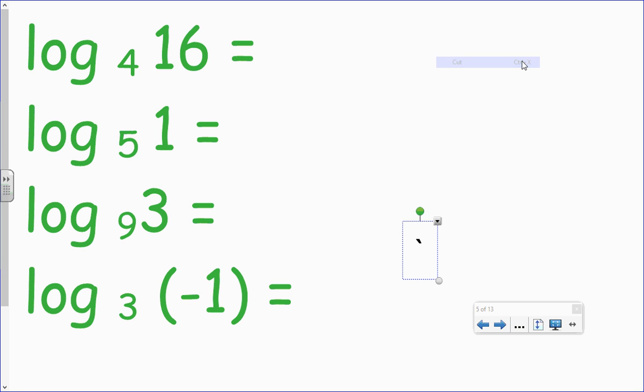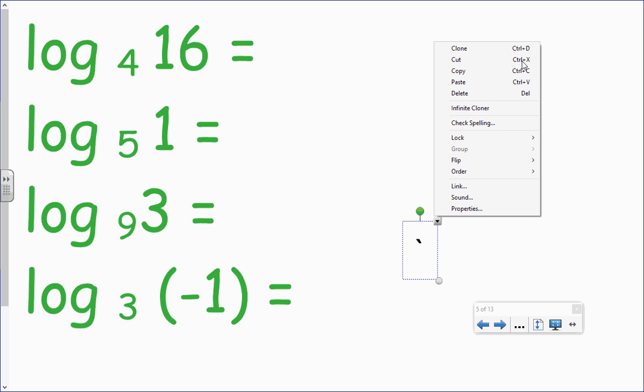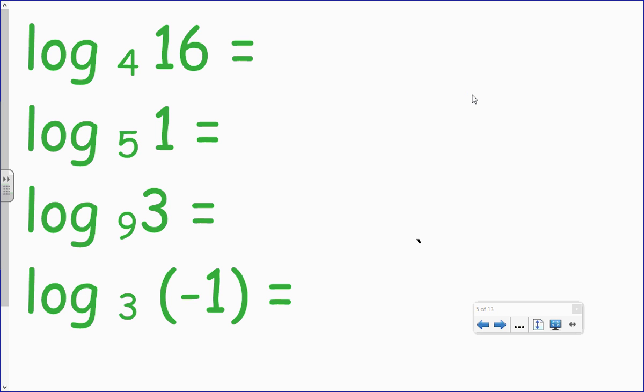I had to whip out the old calculator. No, this is by hand. Would it be 2 for the first one?